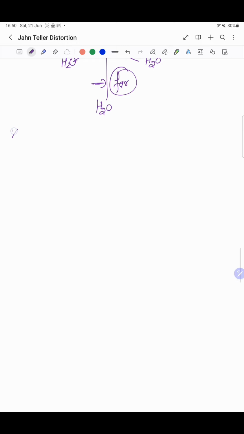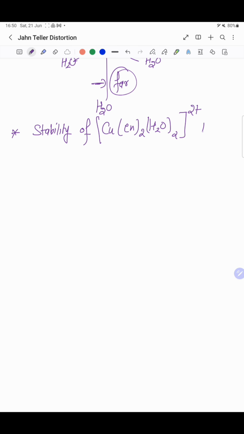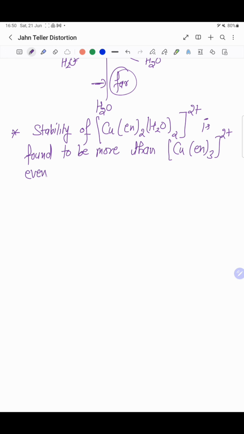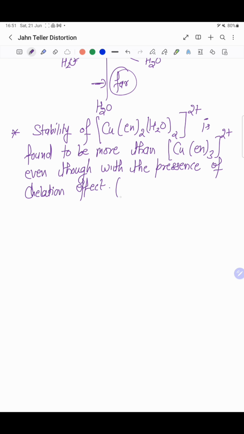Now we will see the stability of a copper complex with two ethylenediamine ligands and two water ligands, and compare it with a copper complex where three ethylenediamine ligands are attached to copper. When we compare the stability of these two complexes, we find that the first one is more stable than the second.